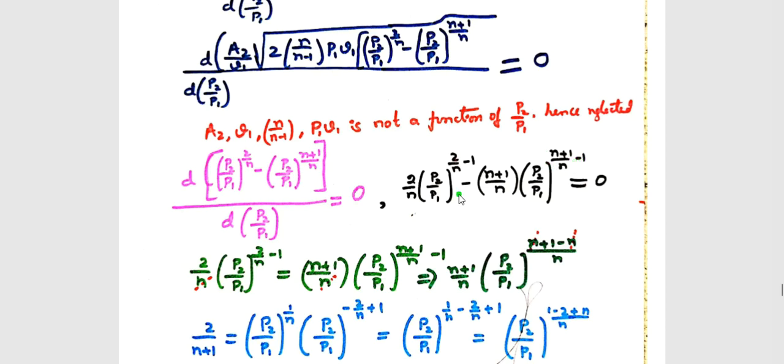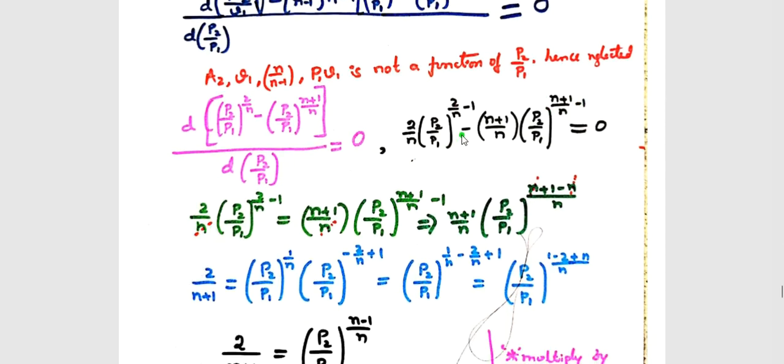Now you simplify. The 2 by n term I will take on the left hand side, and the minus terms I will send to the right hand side, so it becomes easy for me to solve. So this entire term I will send to the RHS, the right hand side. Once you send it to the RHS, n gets cancelled. The remaining term I have written as it is, 2 by n plus 1.